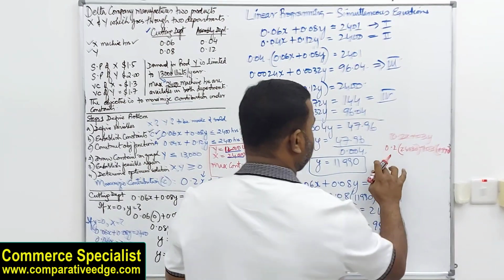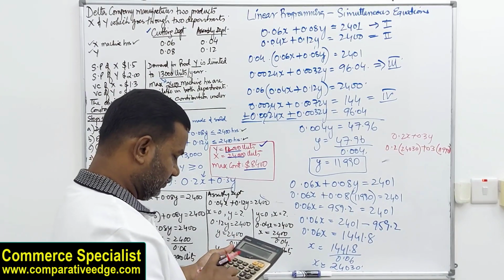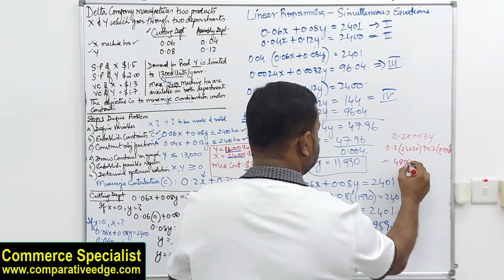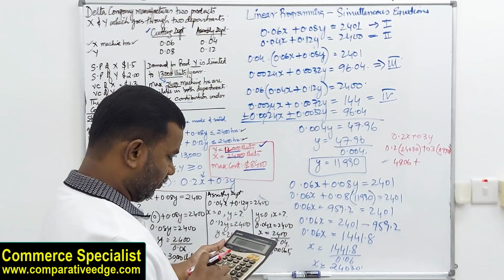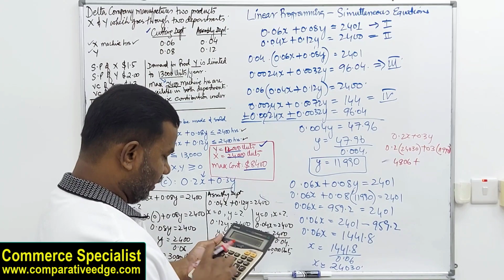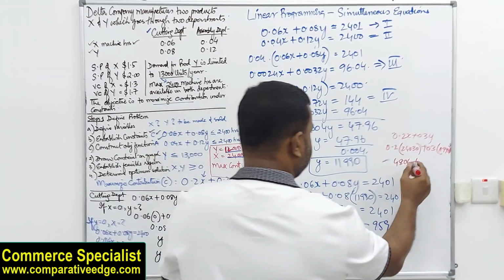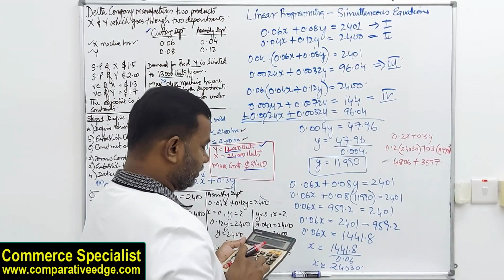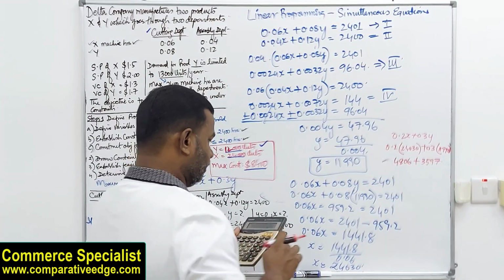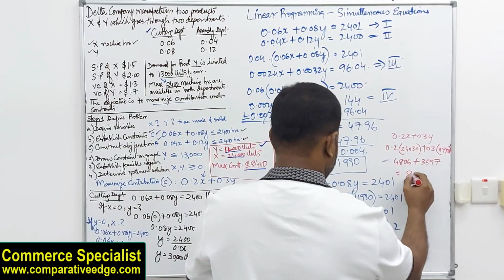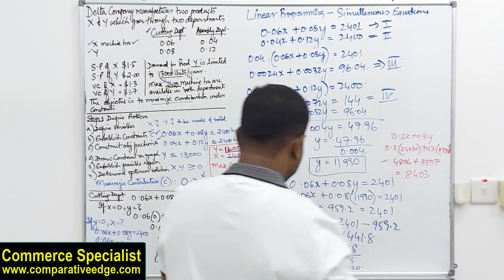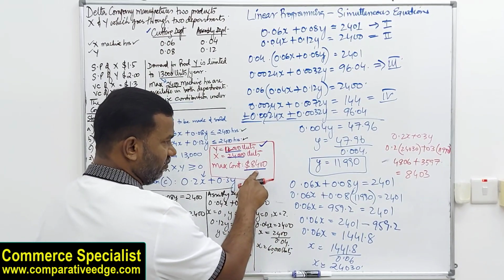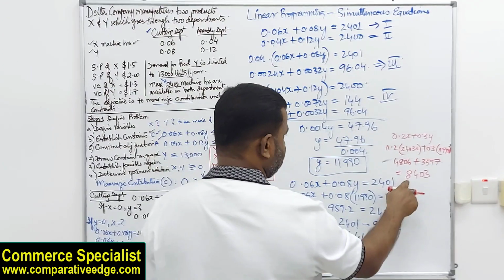So 0.2 into 24,030 will give me 4806, and 0.3 into 11,990 is 3597. So when you add this plus 4806, you get 8403. Now guys, if you notice, before we were getting 8,400 and now we're getting 8403.